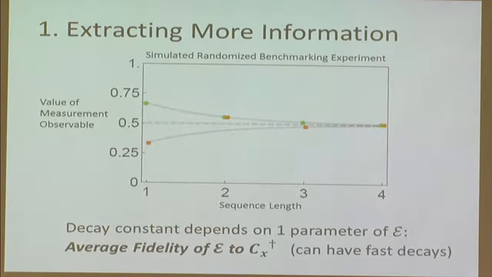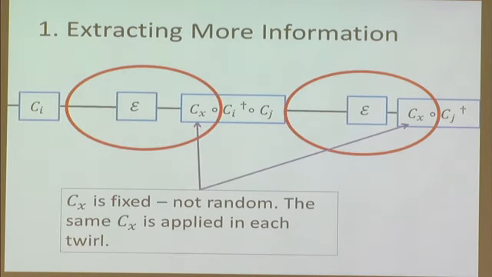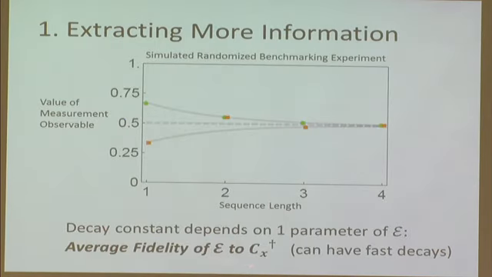First I should say, remember here, whatever's in the twirl, we learn the average fidelity of whatever's inside the twirl. So now that CX is also inside the twirl, what we learn is the average fidelity of E to CX dagger. Okay, because that's what we have inside the twirl. And in standard randomized benchmarking, you get these very long decays.